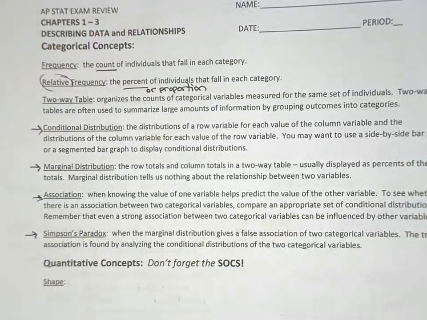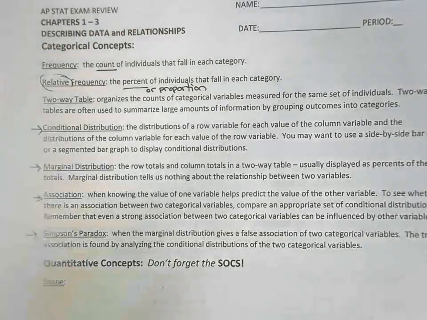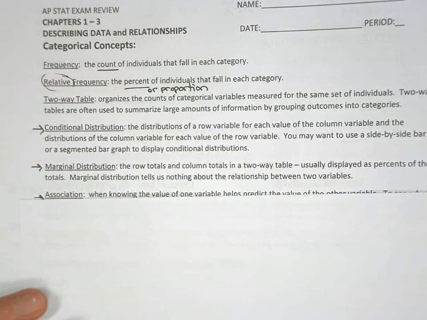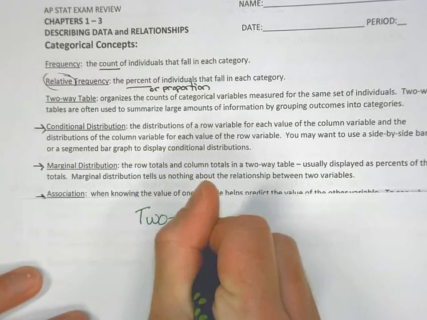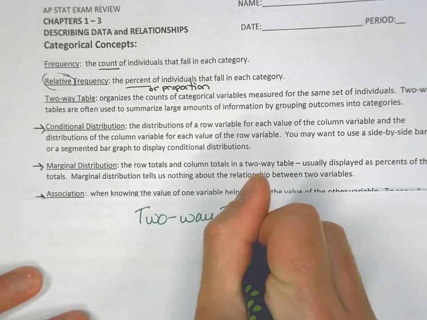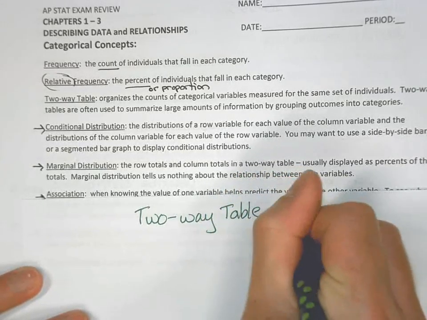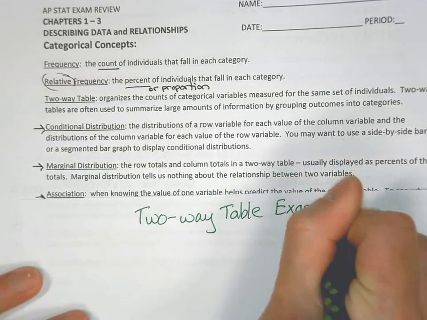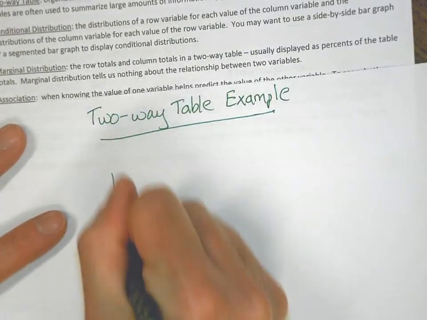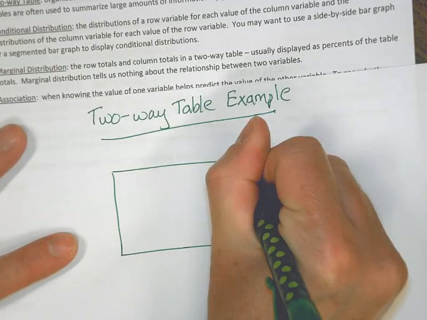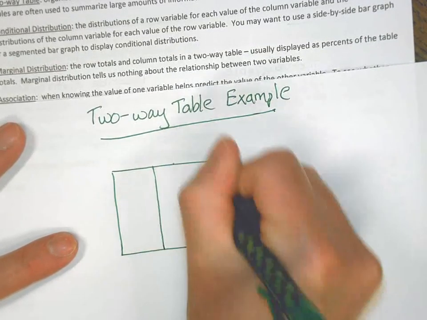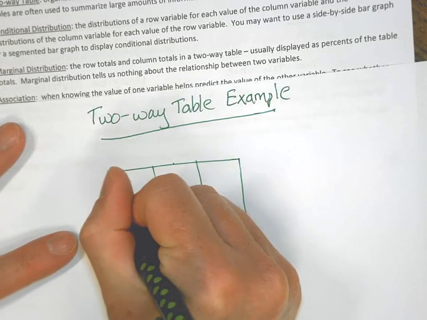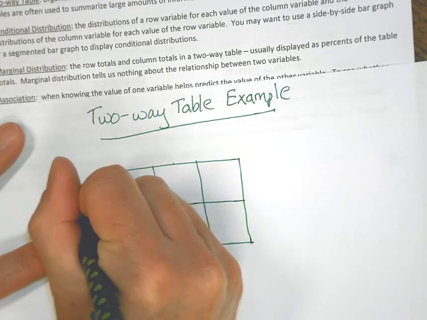The easiest way to describe this one is to give an example of a two-way table. So let's say first group today, 8A, they were talking about having French fries or onions.